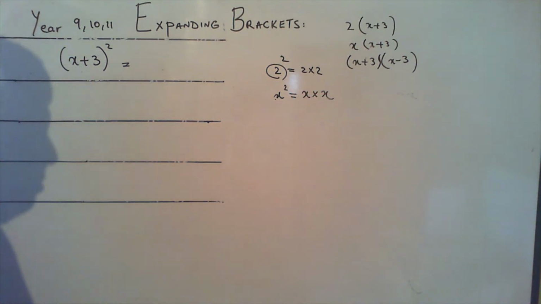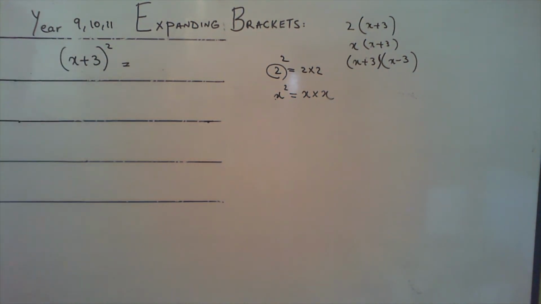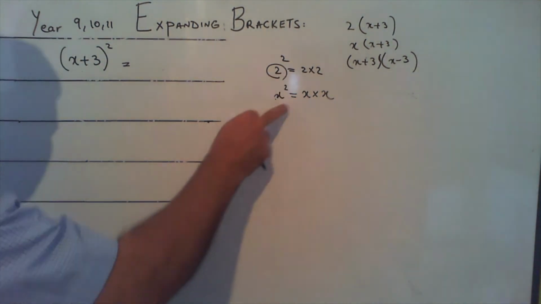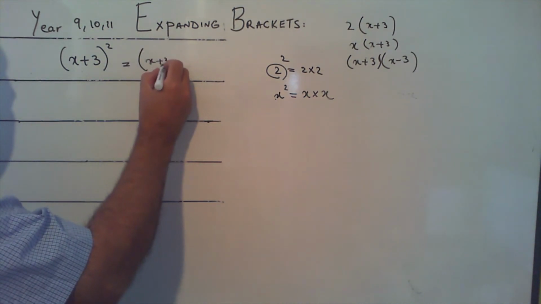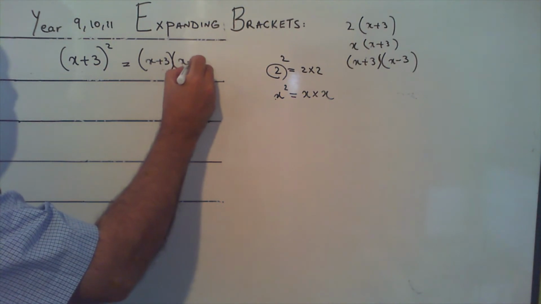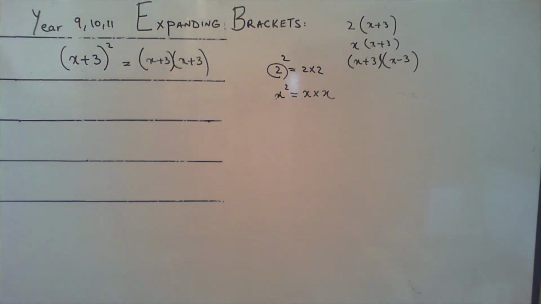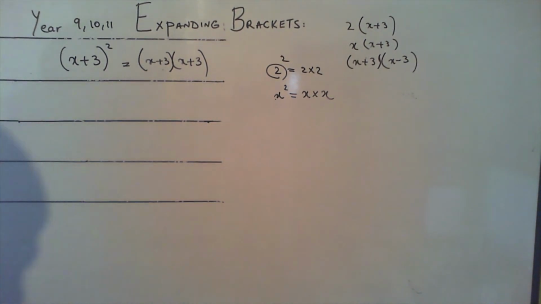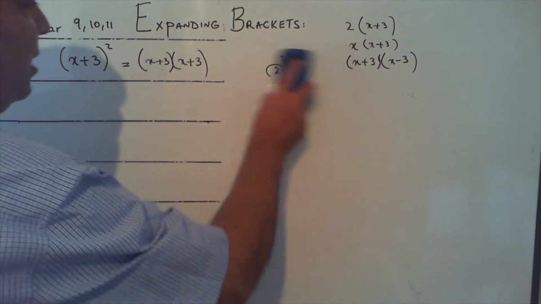Okay, that's the meaning of square numbers. In here I have a bracket squared, and therefore, from what you've learned before, that means x plus 3 times itself. So the meaning of a square number is that a base is multiplied by itself. In here the base is x plus 3 in a bracket, so that is multiplied by itself.